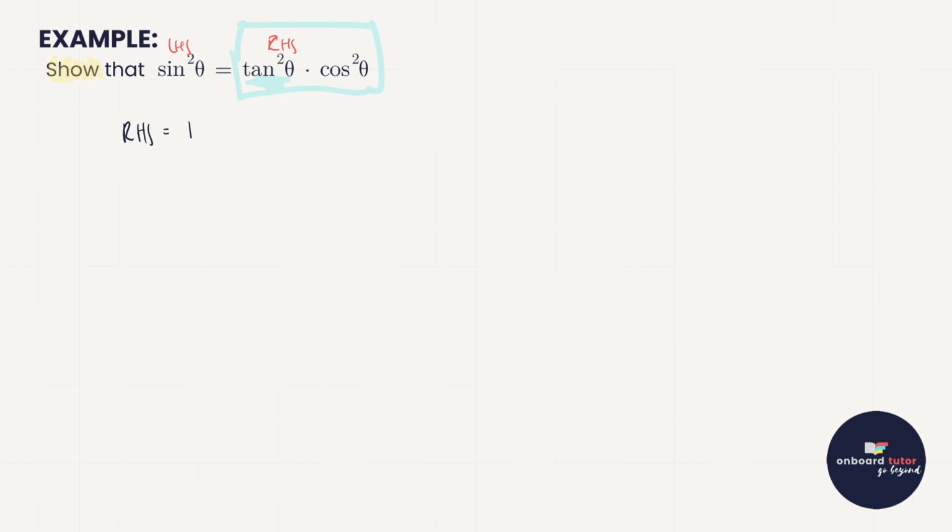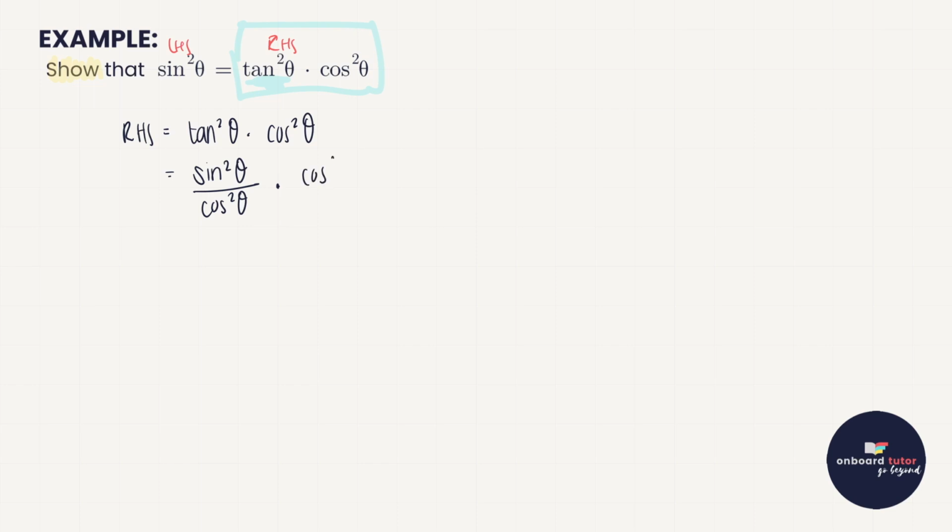So the right-hand side is equal to tan squared theta times cos squared theta. Tan, we know from our fundamental identities, is equal to sine over cos. In this case, because it's tan squared, they'll both be squared. And then multiplied by cos squared.